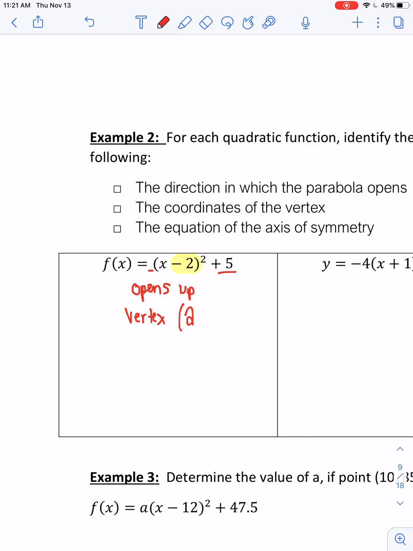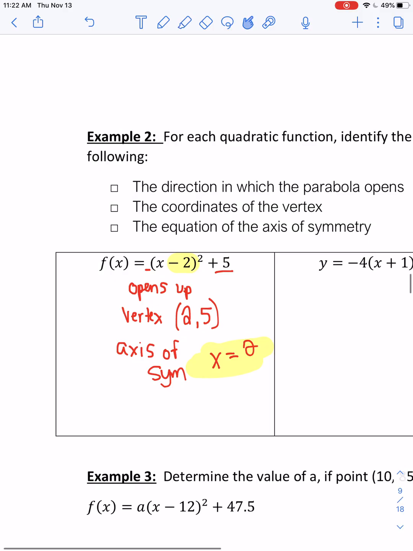And the y value is that constant, which is the same sign, which is just 5. And then your axis of symmetry is always the x value of your vertex. So in this case, it's x equals 2. You need to make sure you're writing that in the right format. It should be written as an equation, x equals 2. Don't just write 2 or else the notation would be wrong.